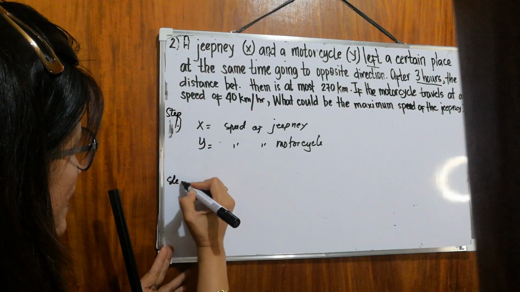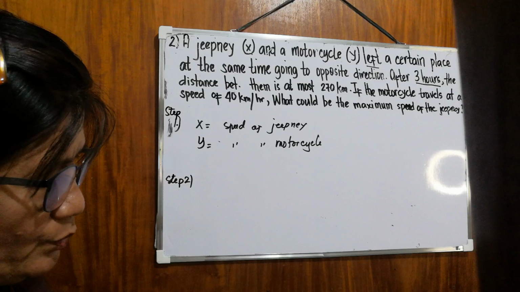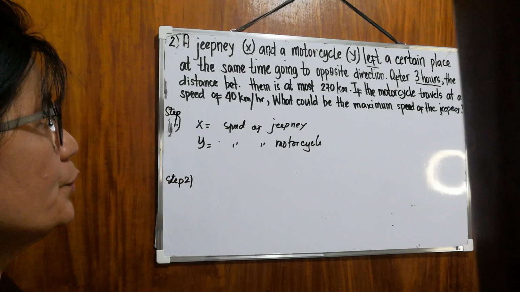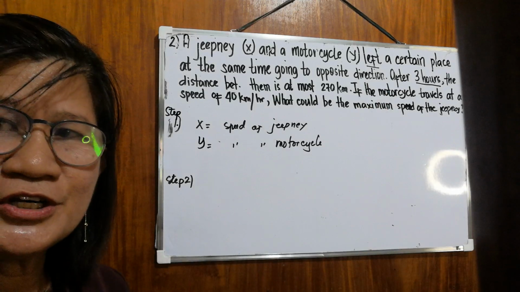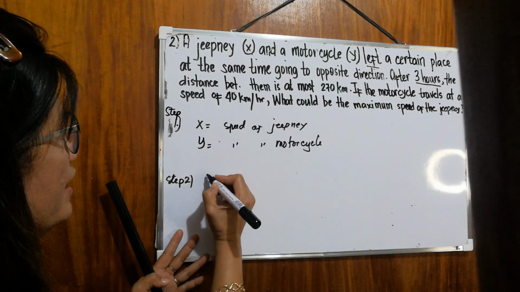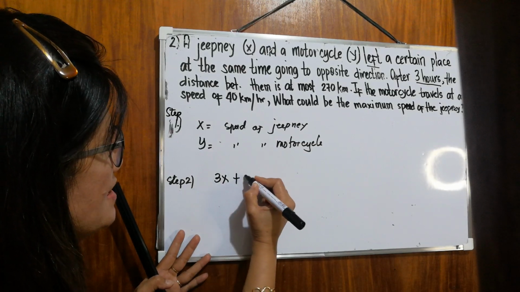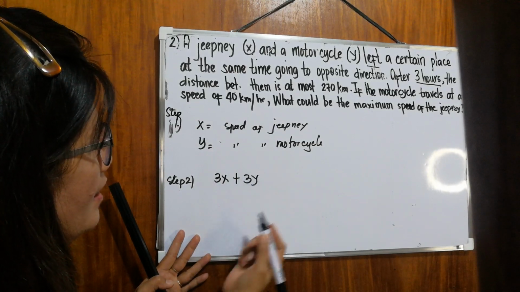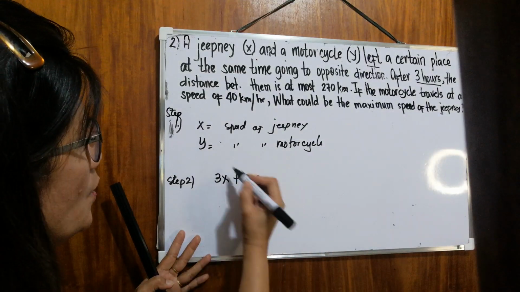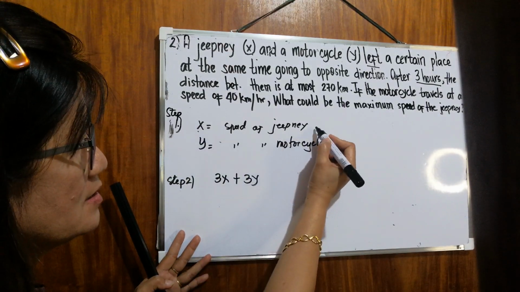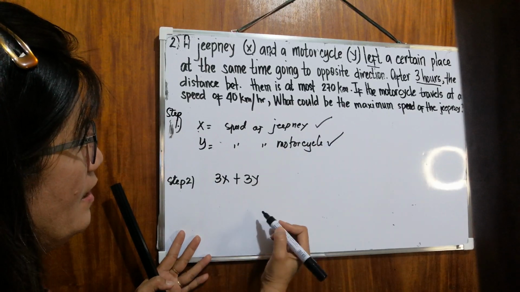Let's proceed to step number 2. What will you do in step number 2? We're going to translate. So, since nakalagay dyan after 3 hours, so mangyayari, i-represent natin ng 3x plus 3y because of the word after 3 hours. So x represents the speed of the jeepney, y for the tricycle.